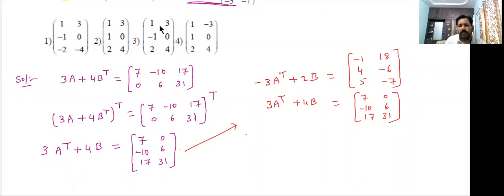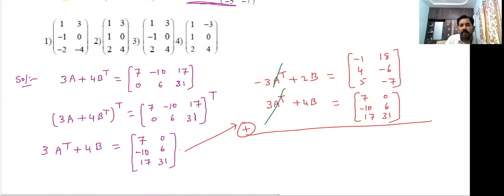Now solve these two. That means add. What do we get? Minus 3A transpose plus 3A transpose is going to cancel. Remaining, what are we getting? 6B is equal to, now the corresponding elements also add. Minus 1 plus 7, how much, students? 6.